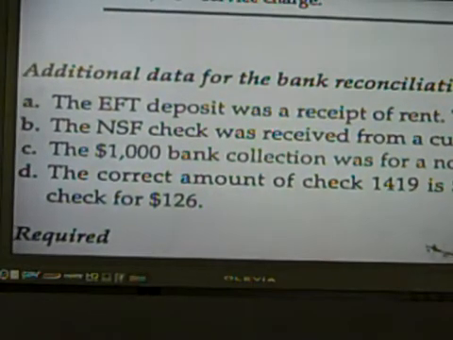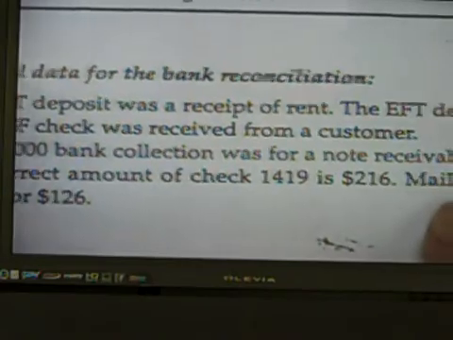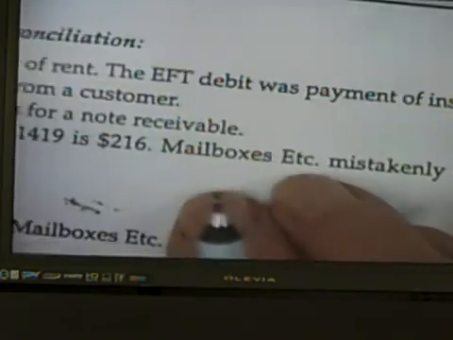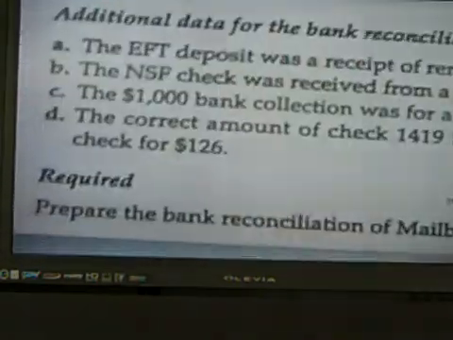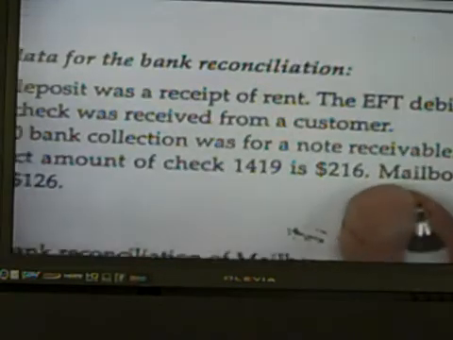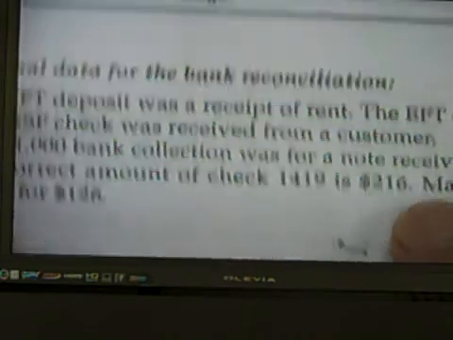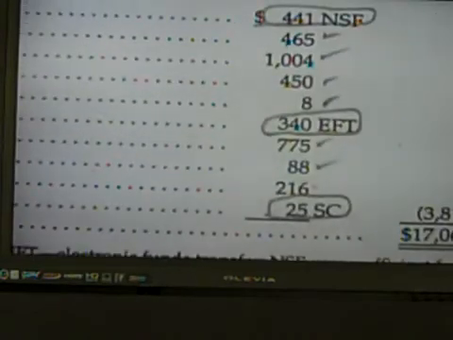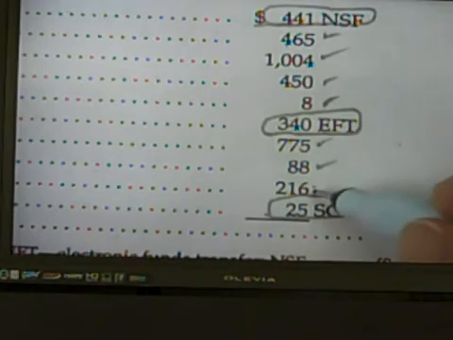Okay, then D says the correct amount of check 1419 is $216. We mistakenly recorded that check as $126. So we have an error on our books. The bank cashed that check for the correct amount. It was written for $216. The bank cashed it, and the money came out of our account at $216. Correctly so.